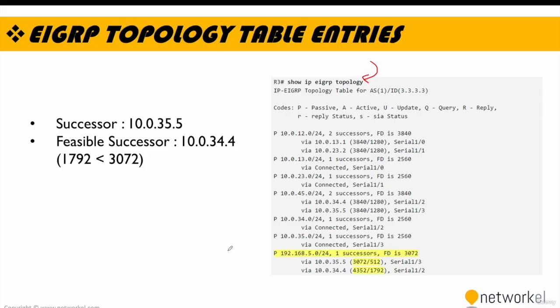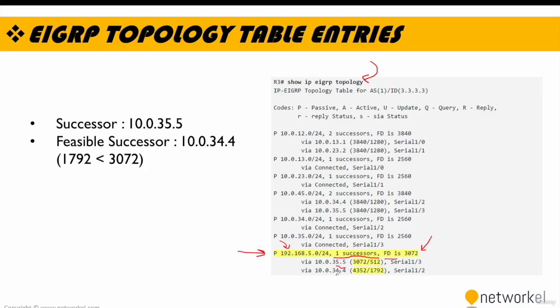For example, let's have a look at this network, 192.168.5.0. I have one successor, and the FD, feasible distance, is 3072.